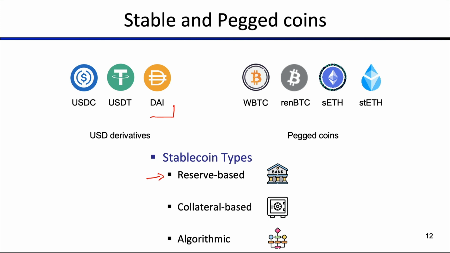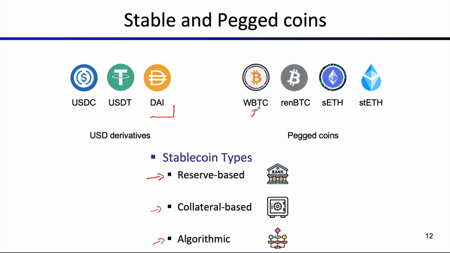These cryptocurrencies might perform fractional reserve banking, as we've seen earlier, but this depends on the individual stablecoin token. DAI is an example of a collateral-based stablecoin, and we will also have a brief look at an algorithmic stablecoin in a few slides.